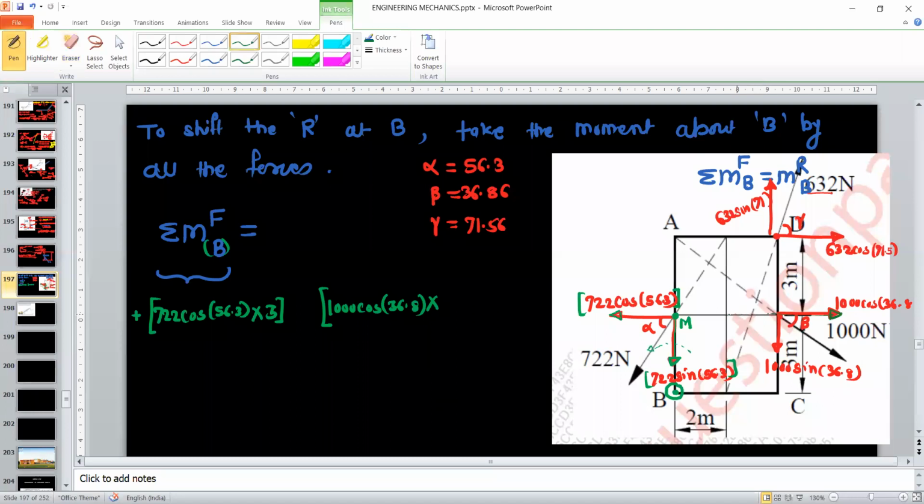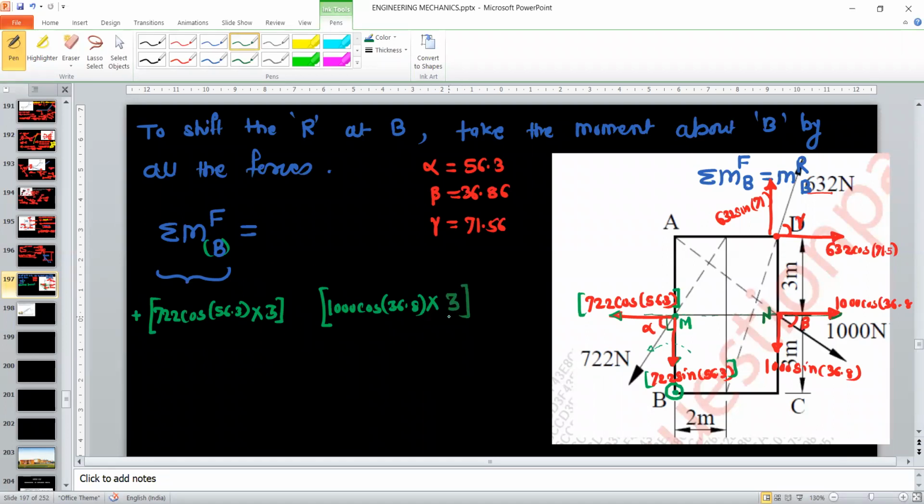Just extend the line of action, and from point B, draw the perpendicular. So this is the perpendicular distance, distance BM, or suppose this point is N, BN is the perpendicular distance. So for 1000 cos 36.8, the distance is again 3 meter.